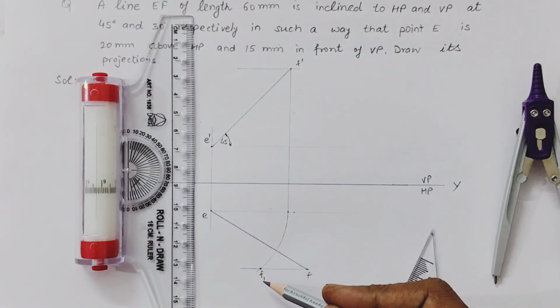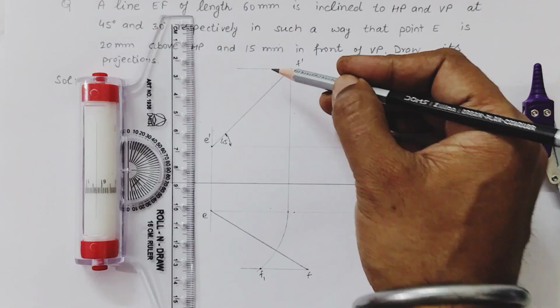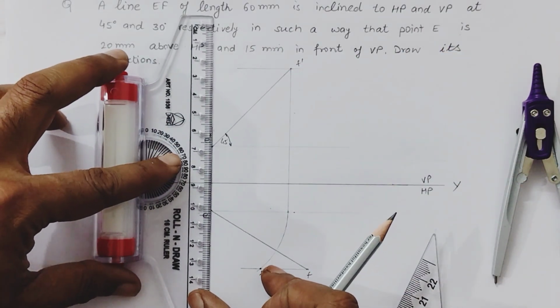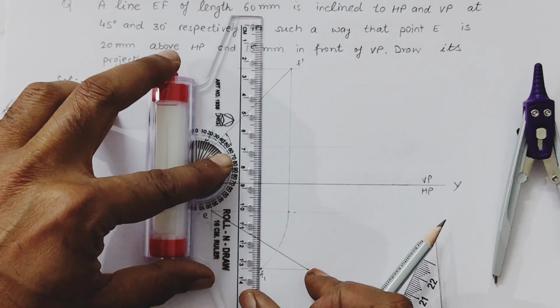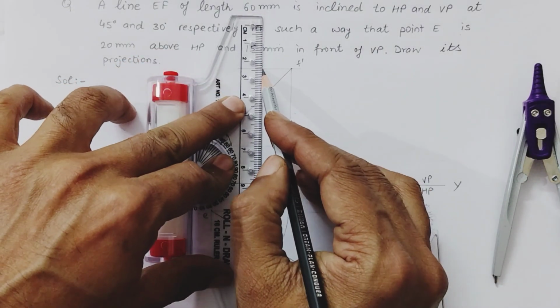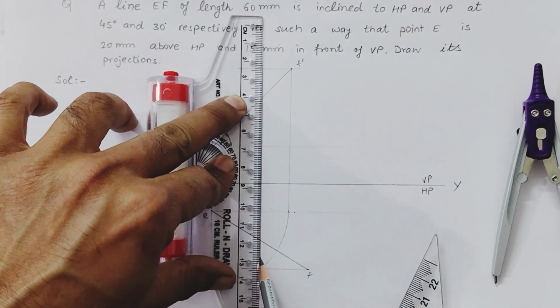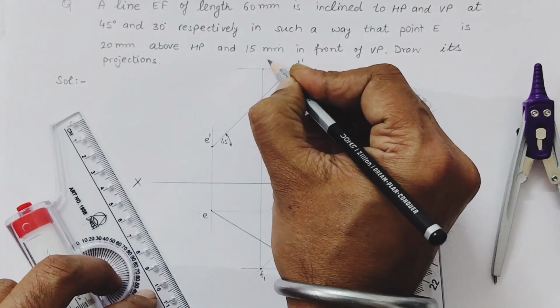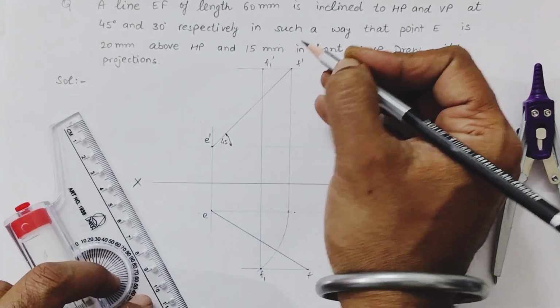So this one is F1. So we have to locate F dash in the front view. So draw a line parallel to this projector. So we get the front view here as F1 dash.